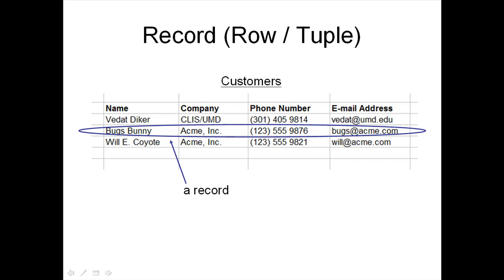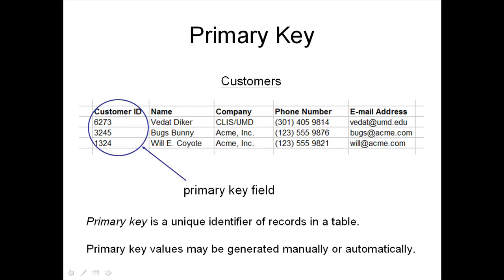So what's the solution? A possible good solution is to use an artificial primary key field to uniquely identify the records in this table. In most cases, that would be a numeric field, the values of which can be generated manually or automatically by the database system. Most of the tables with which we will work in this course will involve a single column primary key.